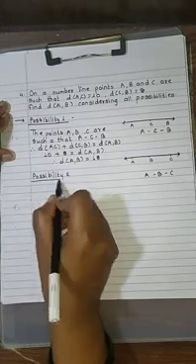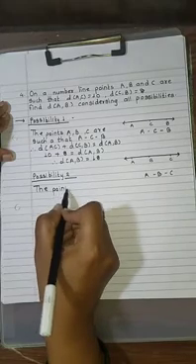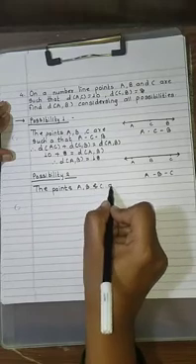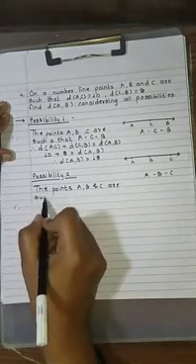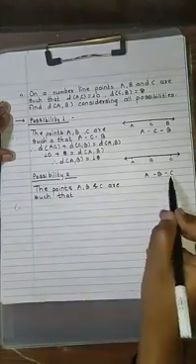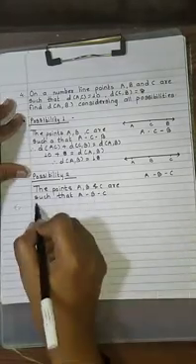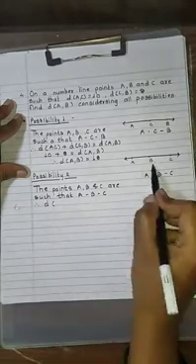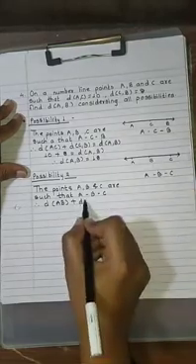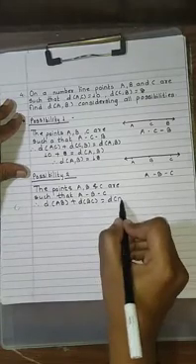Now possibility second. Now the points A, B and C are such that, how they are? B is in between A and C, means A dash B dash C. Okay, therefore distance AB plus distance BC is equal to distance AC.